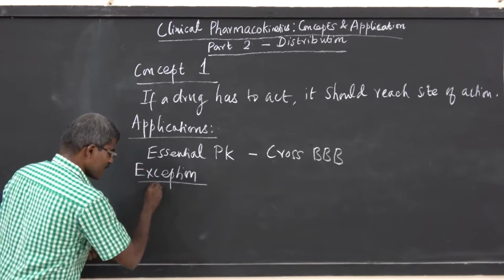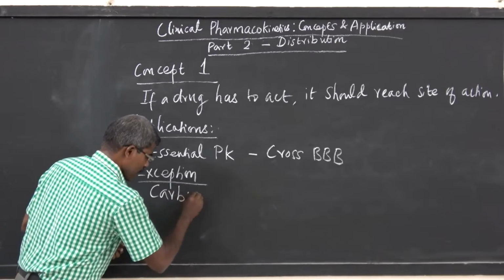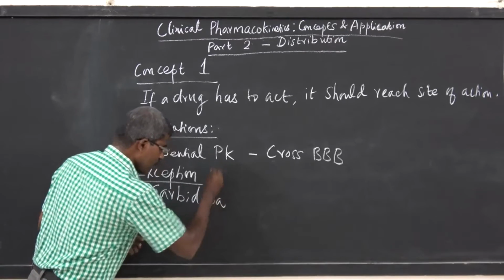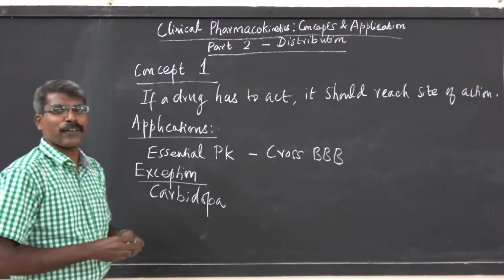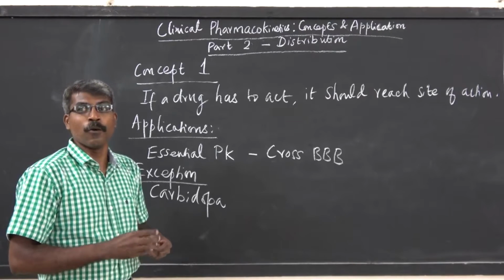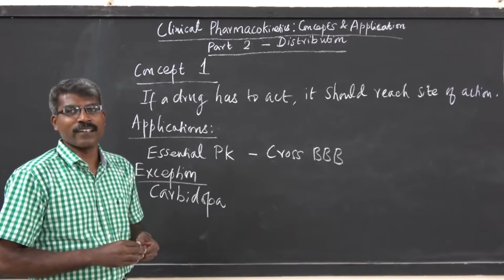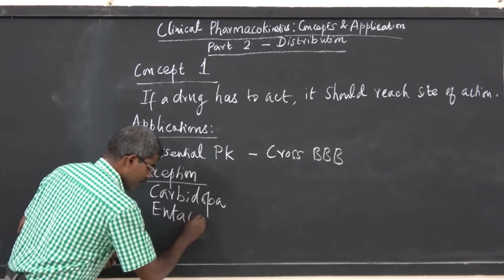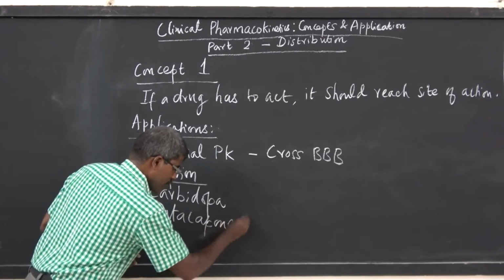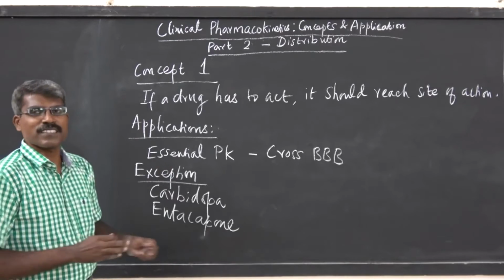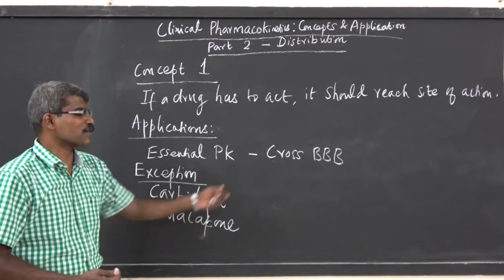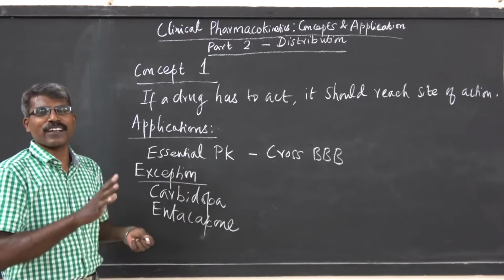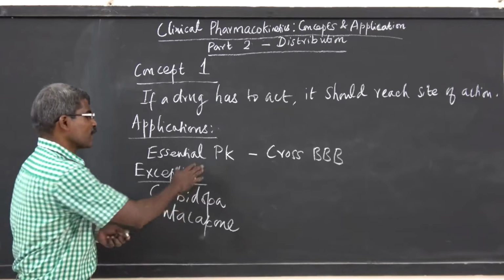So the drugs like, say, carbidopa, and also there is a peripheral catechol O-methyltransferase inhibitor called entacapone. So these are some of the exceptions to this rule, but by and large, if a drug has to act, it has to reach the site. So that's one thing.